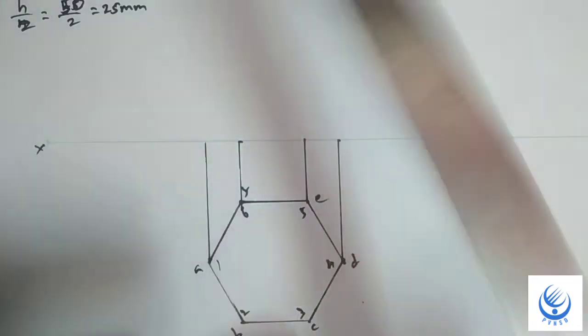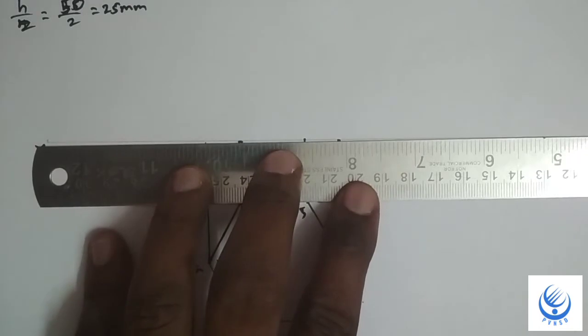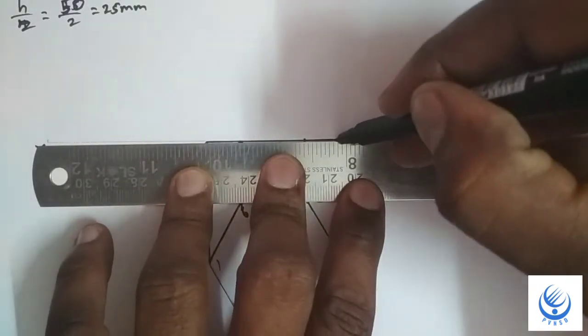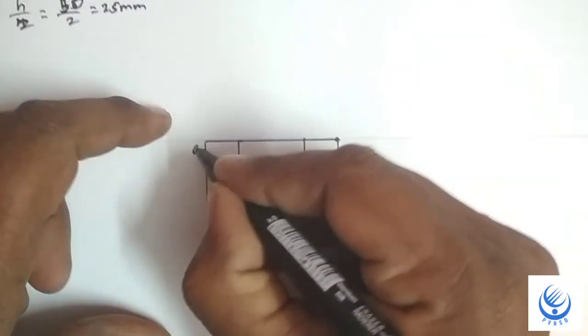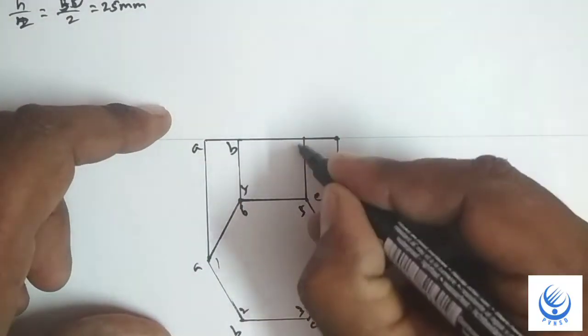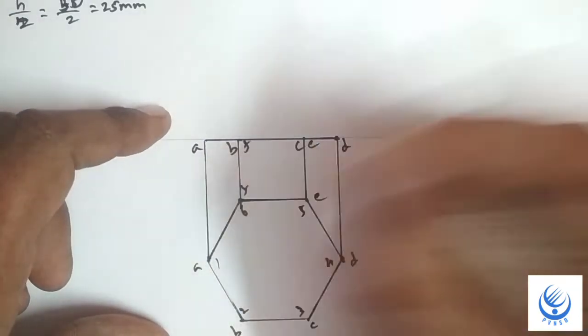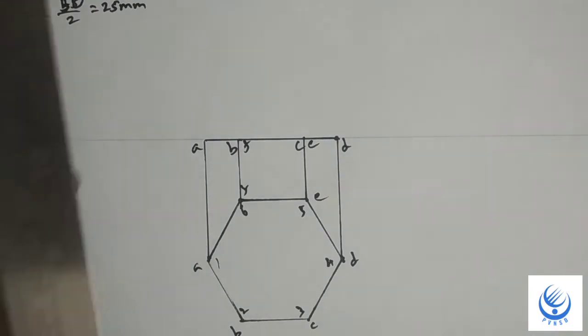So you will get the base of the hexagonal prism. This is the base. Mark the letters A, B, C, D, E, F on the base.